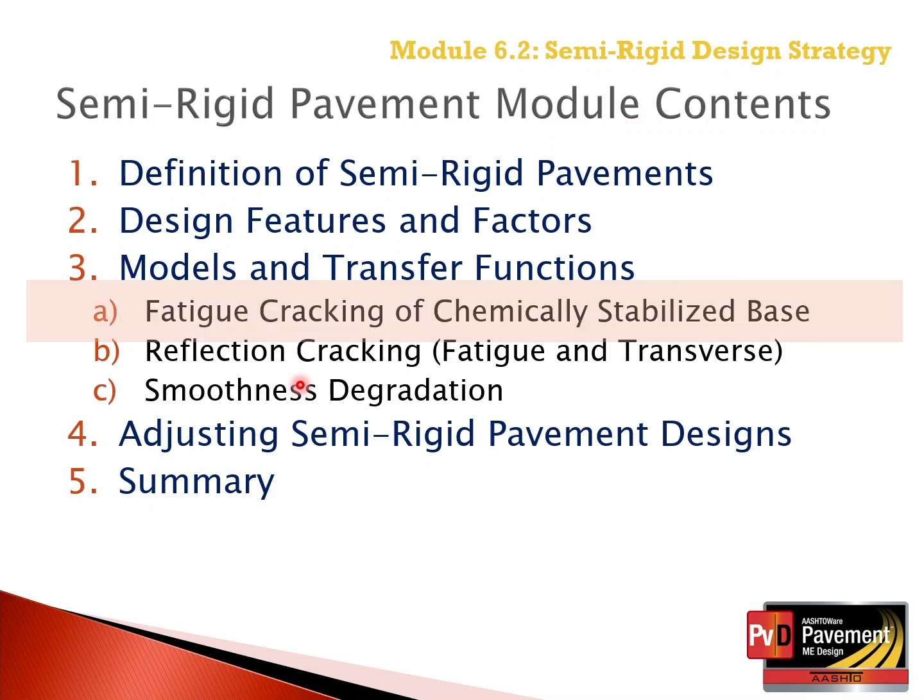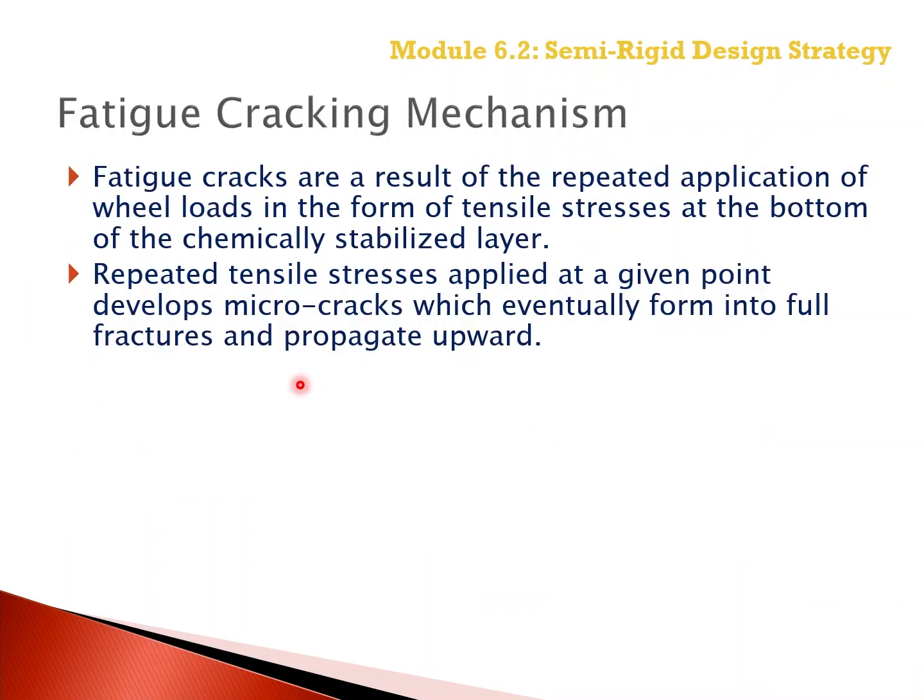We will start with the fatigue cracking of the chemically stabilized layer, the model and transfer function on how the Pavement ME predicts fatigue cracking of the chemically stabilized layer. So bottom-up fatigue cracks, even for the chemically stabilized layer, are caused by repeated application of traffic loads.